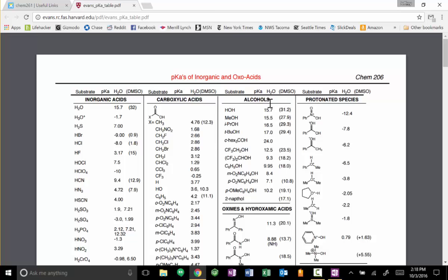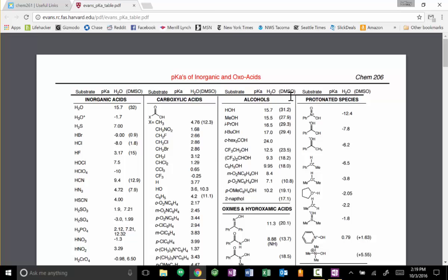And then over here, you'll see another number in brackets. You'll notice up top on the table legend, we've got pKa value, and then it says H2O, and this one says DMSO. The first one without the brackets is the pKa value in water. Oftentimes, though, chemists can't get things to dissolve in water very well, so they test them in a solvent called dimethyl sulfoxide.